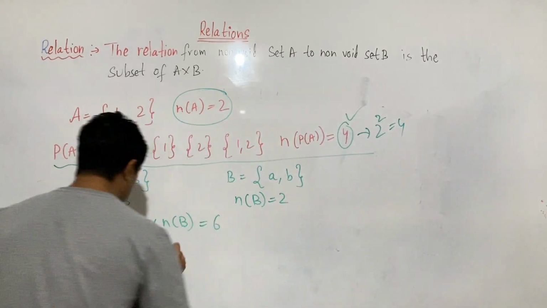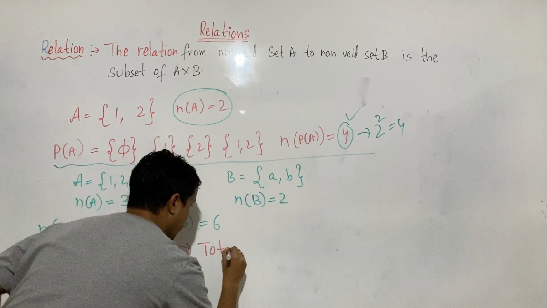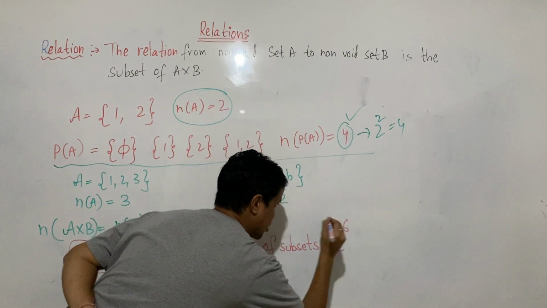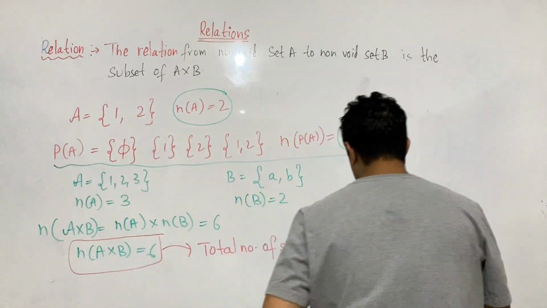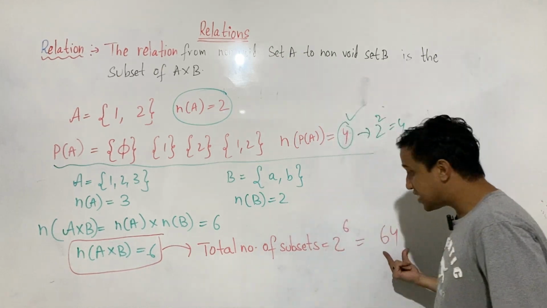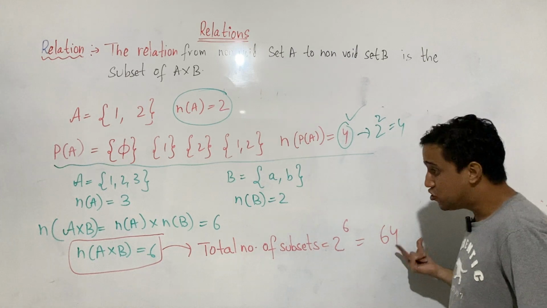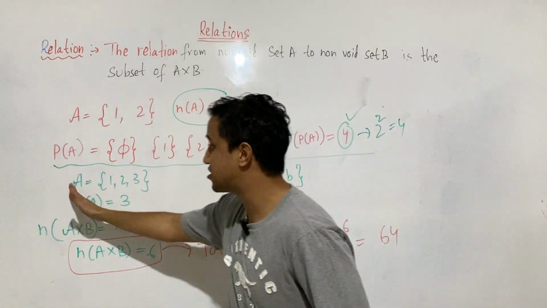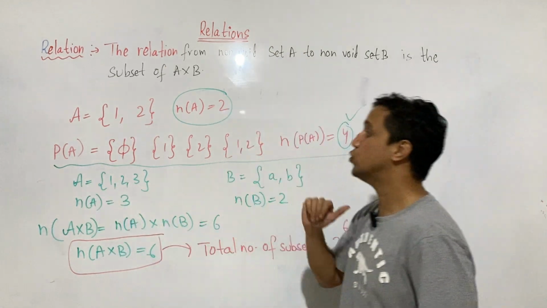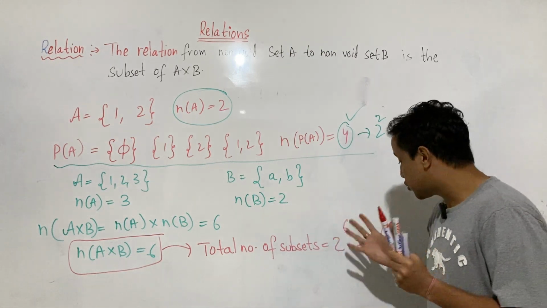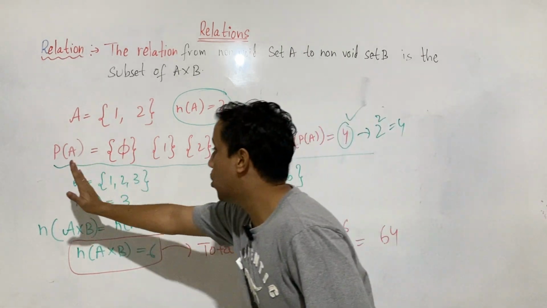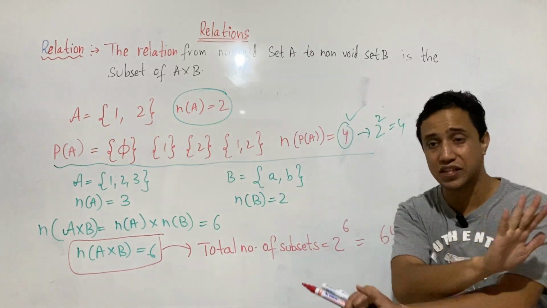So the total number of subsets is going to be 2 raised to power 6, and 2 raised to power 6 is 64. It means you can have 64 relations from set A to set B. These are the number of possible relations you can have from one set to another set. I hope this is clear to you.